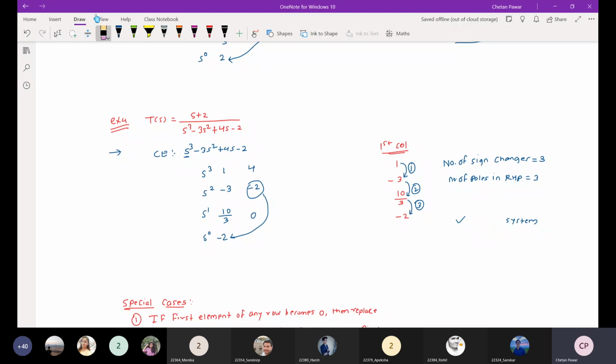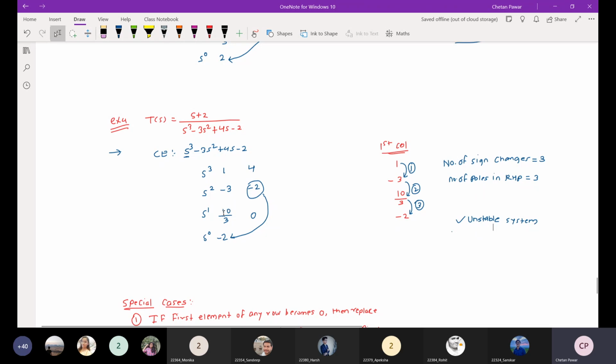Okay, but now we have seen the simple examples. So there are special cases when we form a Routh table. Sometimes what happens is, if the first element of any row is 0, then we can't proceed with the calculations.